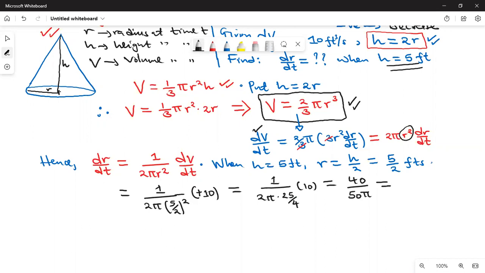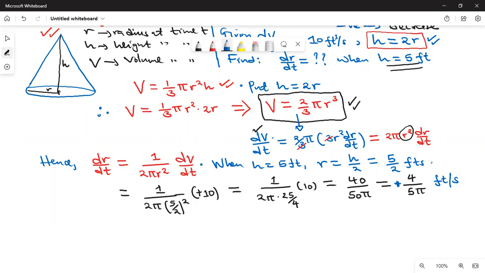When you simplify, you get 4 over 5 pi. Because the radius is measured in feet, the unit here is feet per second. The result is positive, and the positive means the radius is also increasing.